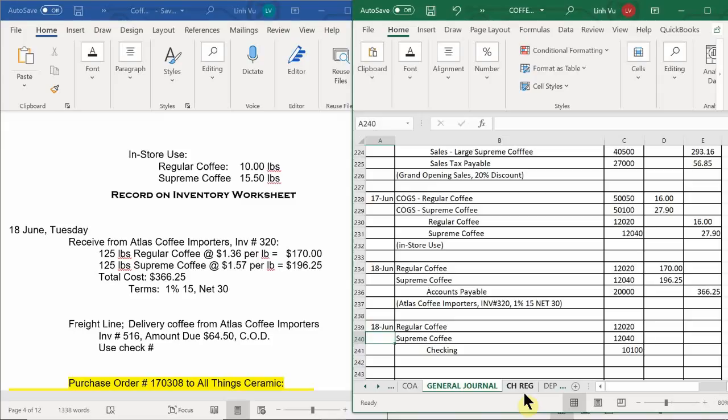Now the next transaction is that we had to pay for the shipping, completely separate. However, it's still going to go into the same inventory account, which is the coffee, the regular coffee and the supreme coffee, just like what we did previously, right? Now in this case, my total cost here is how much?